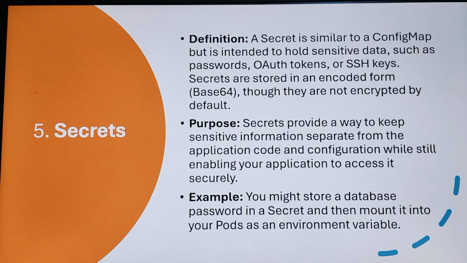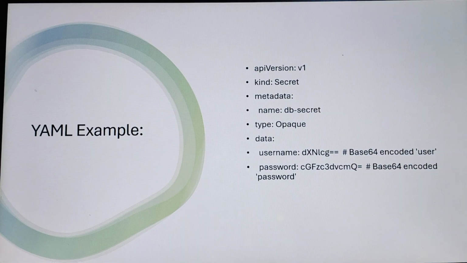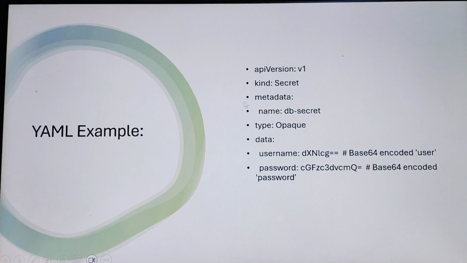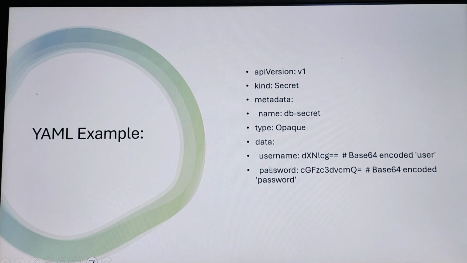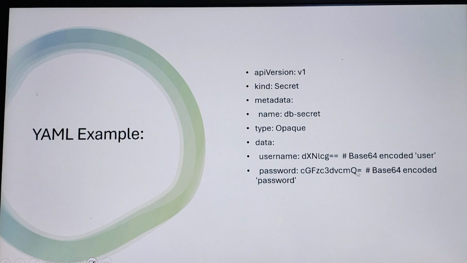So you should use encryption at rest for the sensitive data. Kubernetes makes it easy to inject these secrets into your pod as environment variables or mounted files. Here is an example of a secret definition in YAML where we are storing a DB username and password. The values are base64 encoded. They can easily be accessed by the pod.